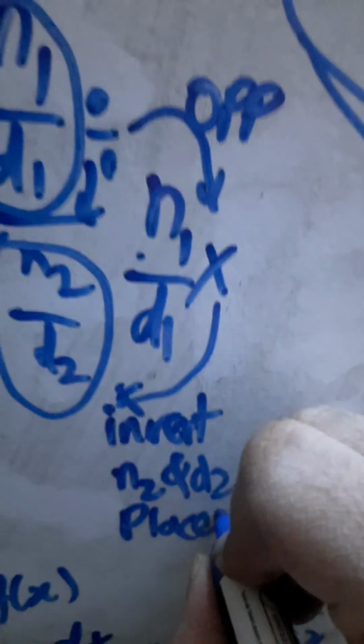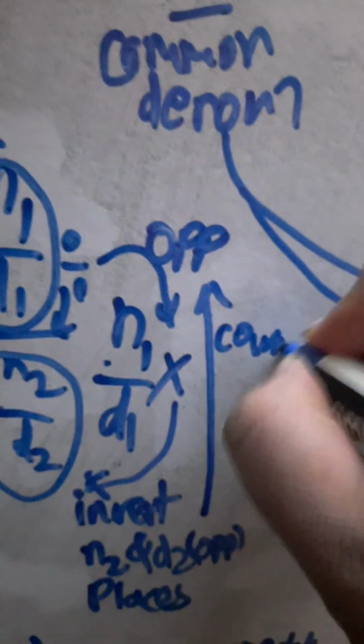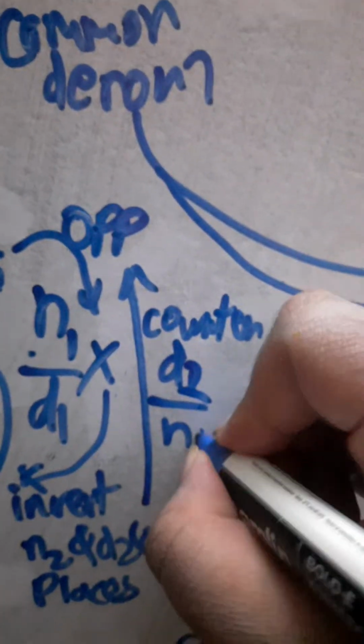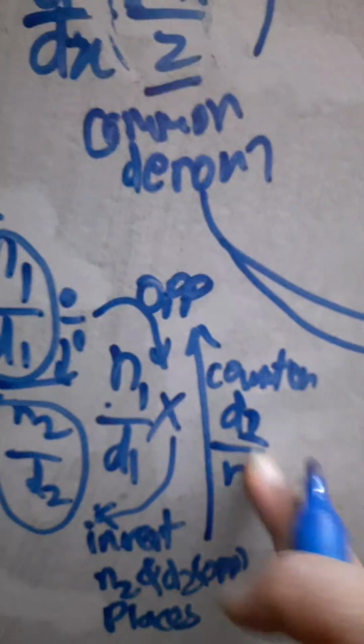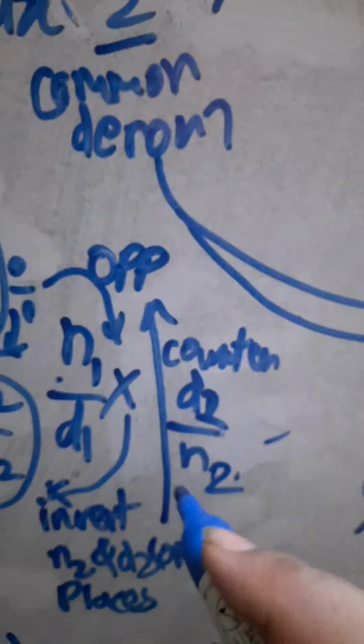This is opposite because numerator and denominator are opposite. So I inverted it to counter this opposite. Now it is d2 into n2, sorry, so now d1 into n2 and n1 into d2.